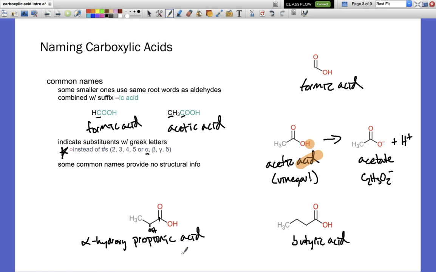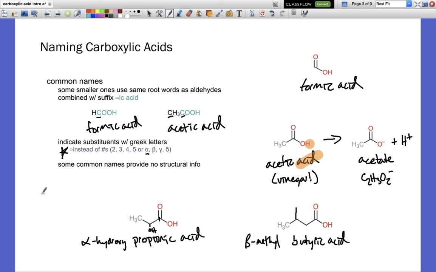I call it propanoic acid instead, because then I can say 2-hydroxy. But you have to understand how it works, right? 2 is alpha because it's the first spot you could put something. 3, where I had that methyl group, is a beta. So this would be a beta methyl butyric acid, right?